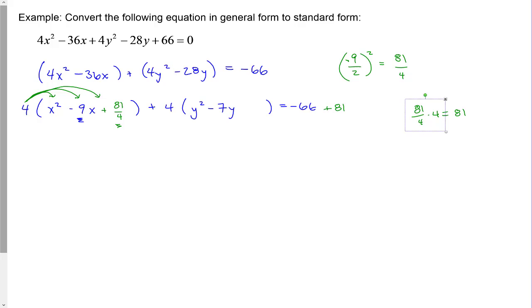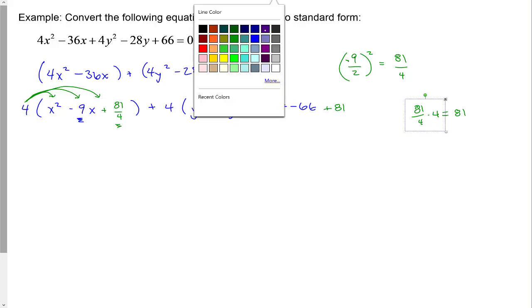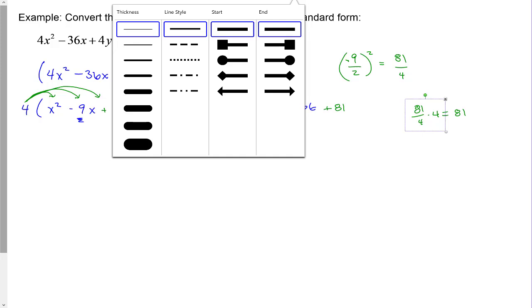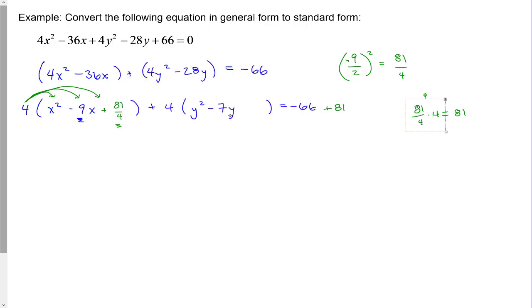Similarly, in this other set of parentheses, my middle value here, the term multiplying y, is negative 7. So if I take negative 7, divide it by 2 in order to do the step of completing the square, and then square that term, negative 7 squared is 49. 2 squared is 4.